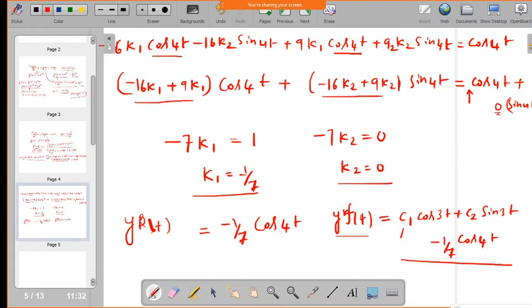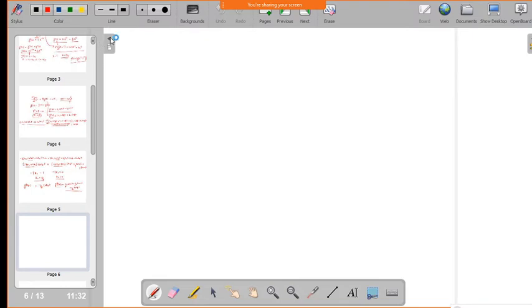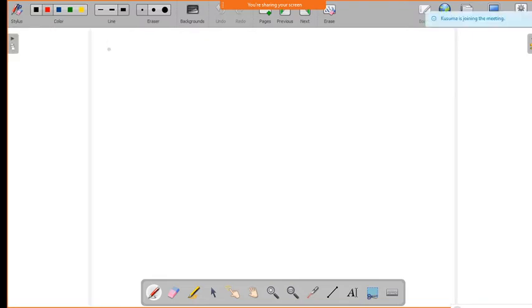Now, we need to find out what is the value of C1 and C2. So, for that we need to put the initial conditions, that is y of 0 and d by dt of y of t also 0. Okay. So, now if you put that one, so what you will get, initial conditions.